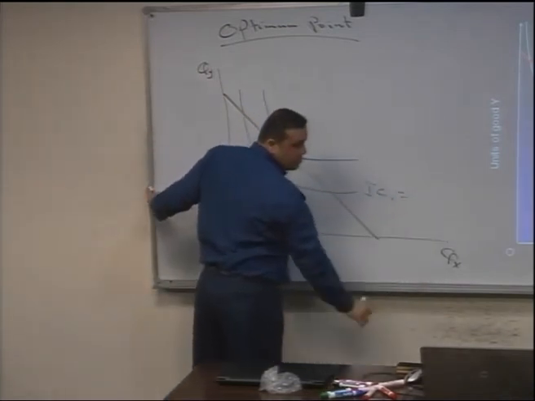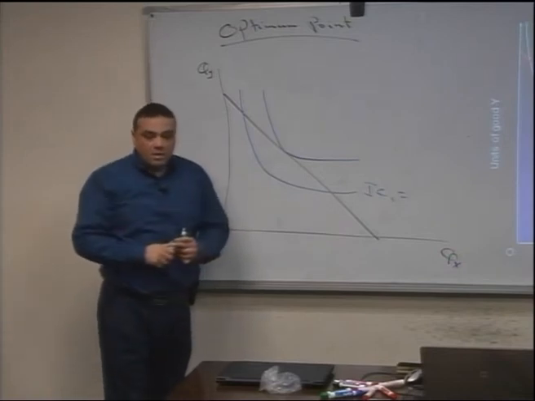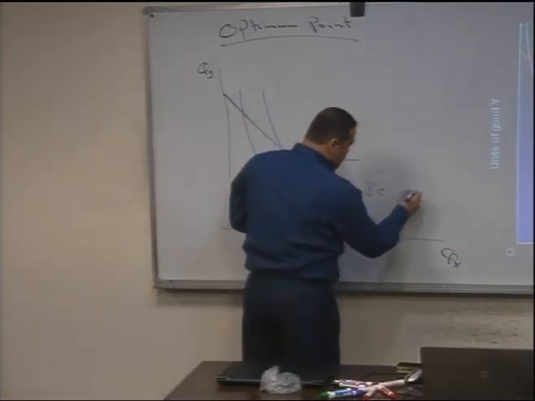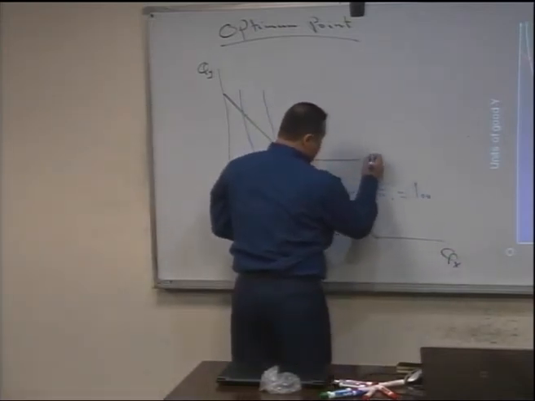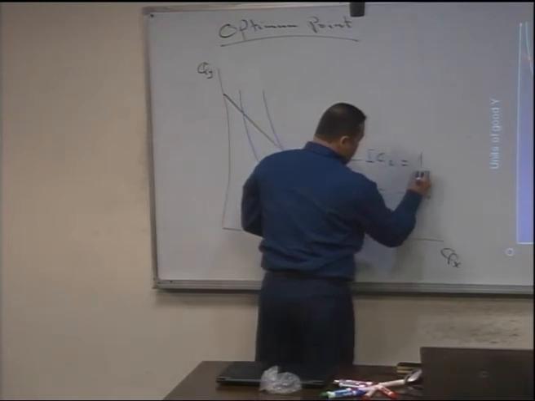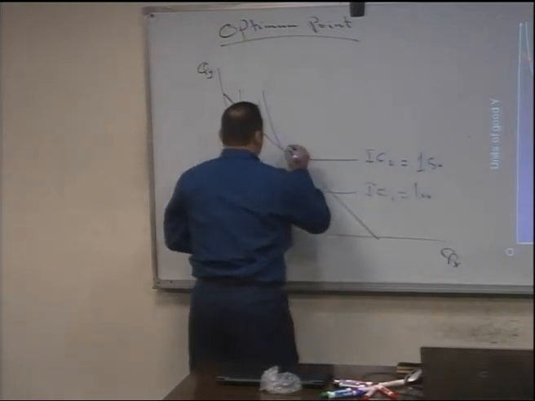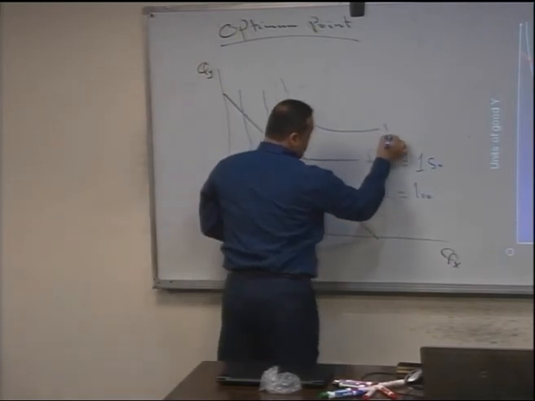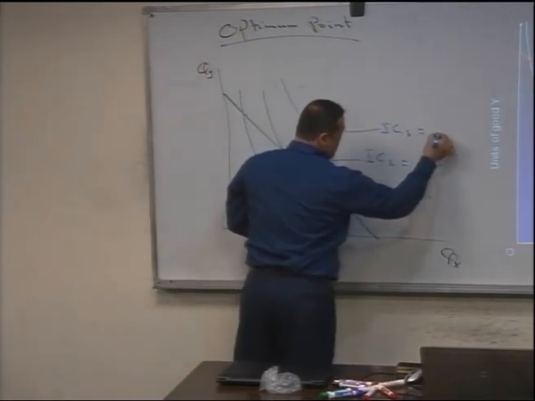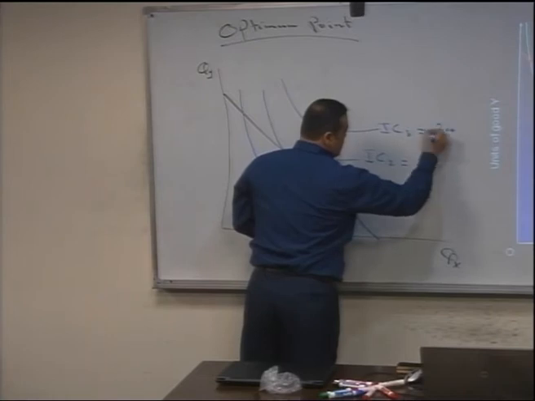Let us assume that the total utility obtained under indifference curve 1 equals 100, indifference curve 2 equals 150, and indifference curve 3 equals 200.